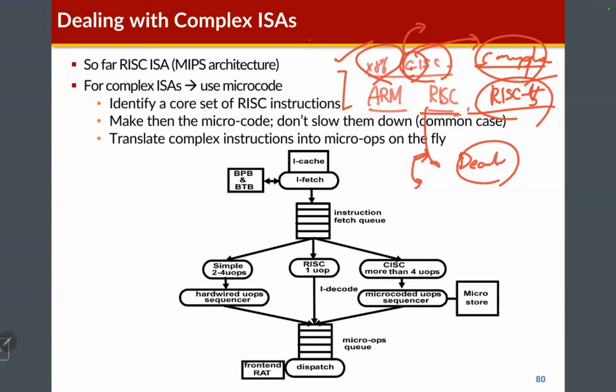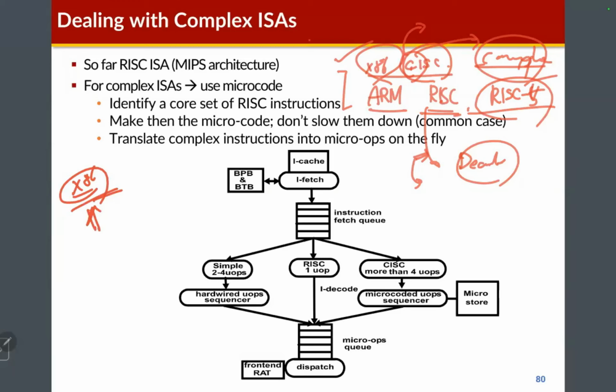Also, Intel or AMD need to support backward compatibility, which means that if some application was compiled with the x86 compiler maybe 30 years ago, then a modern processor needs to run this binary file without any new compilation.